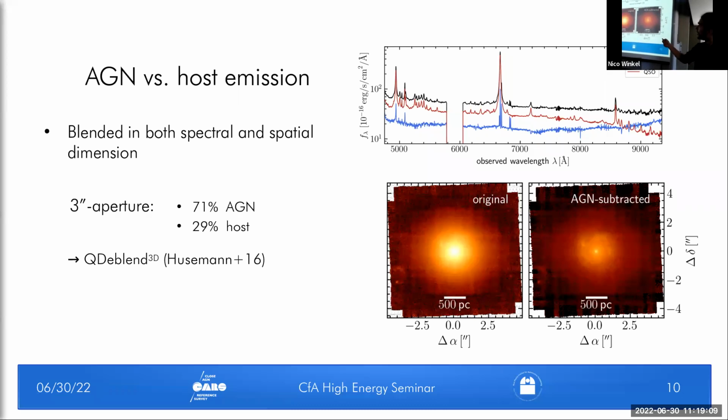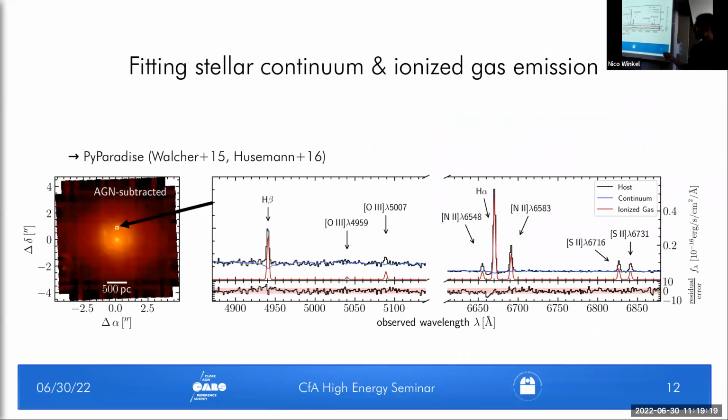Here, the continuum of the stellar emission has some variations on large scales along the wavelength axis that are not physical. That's an artifact from the deblending process. And what Pi Paradise does is it first normalizes the stellar continuum and then fits the line of sight velocity distribution, which gives us a way more robust result.